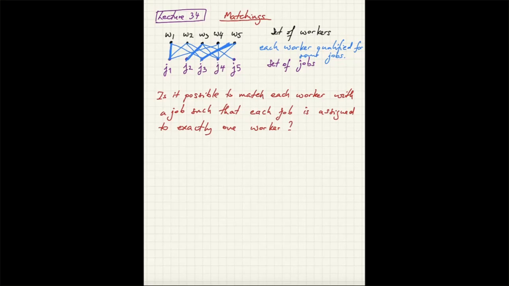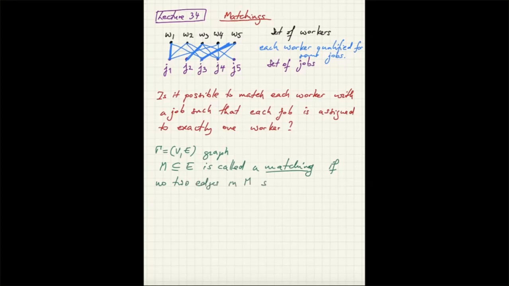We'll start first with the notion of a matching. So let's say we have a graph gamma, with vertex set V and edge set E. And M, a subset of the edge set, is called a matching if no two edges in M share an endpoint.